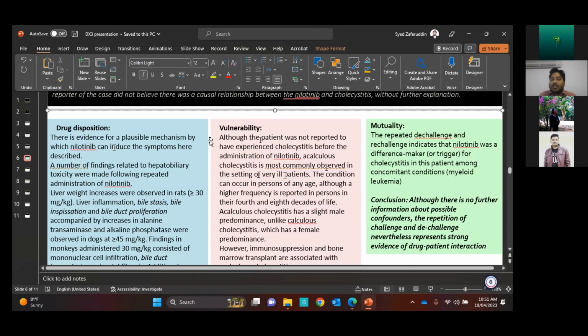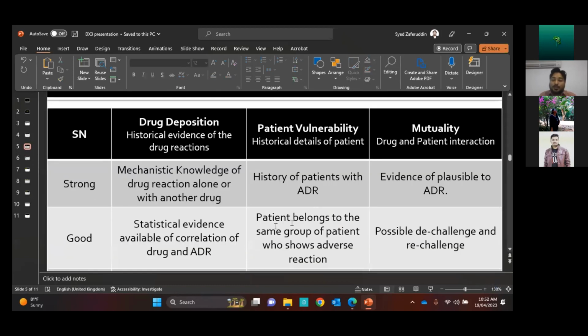So even though we don't have any data about the patient having a history of this adverse event with the drug, this patient belongs to the same group of patients who show adverse reaction. So we can conclude that there is a good causal association under the patient vulnerability parameter.